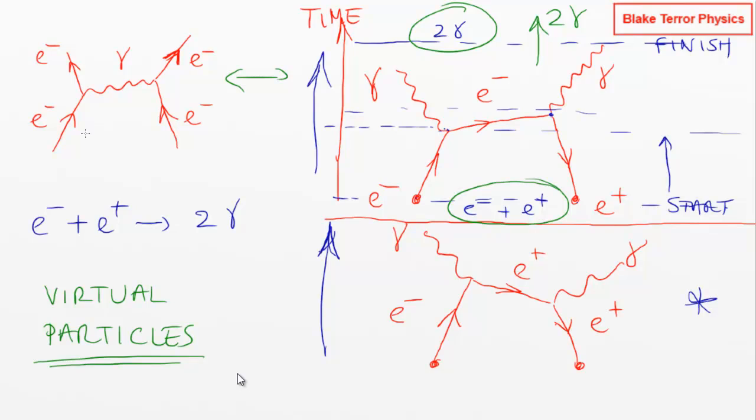Not so on the left-hand side, with this interaction between the two electrons where they've repelled each other. This photon here is a virtual photon. We can't get hold of this. It's necessarily bound up inside the repulsion between the two electrons.